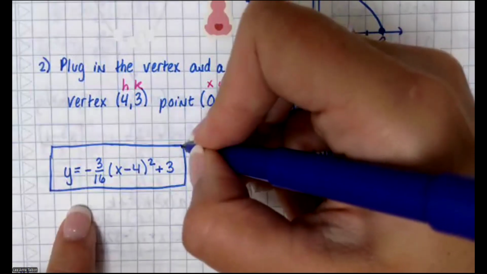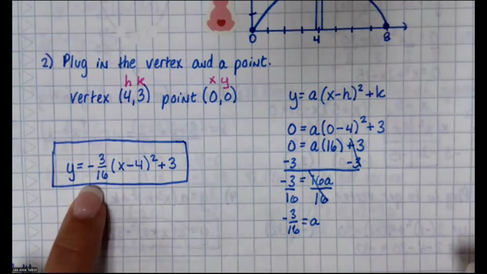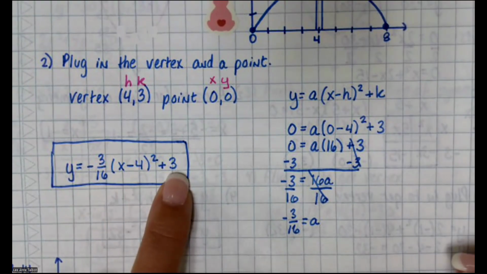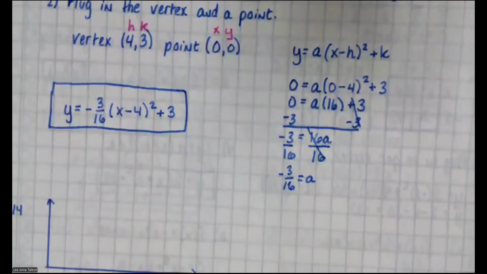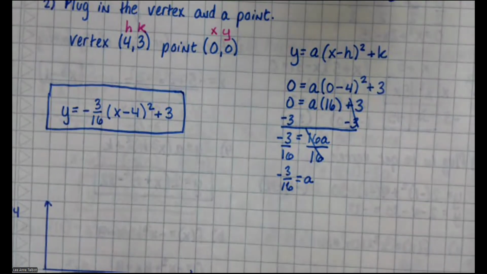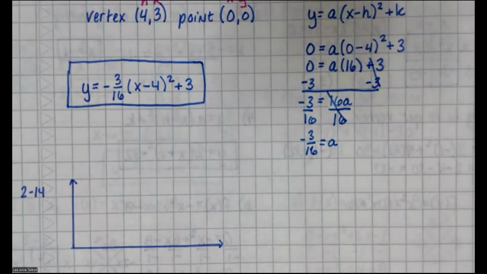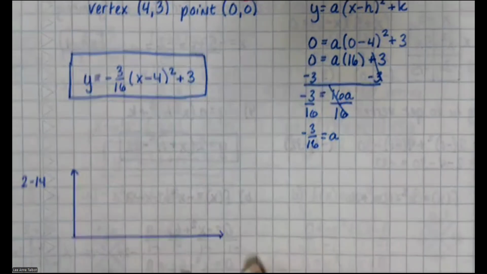Okay, does everybody know where the negative 3/16 came from? Yeah. And the 4? Yeah. And the 3. Okay. All right. Number 14. Number 14 has the same setup.